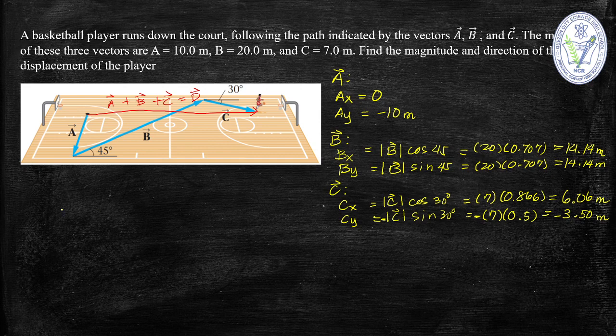Okay, so what is next? The next thing to do is to determine the x component of vector D. The x component is actually Ax plus Bx plus Cx, which would give us 0 plus 14.14 plus 6.06, and the unit is meters.